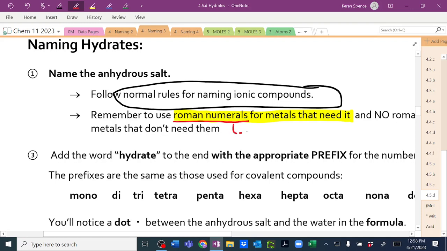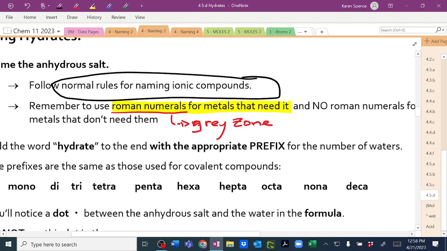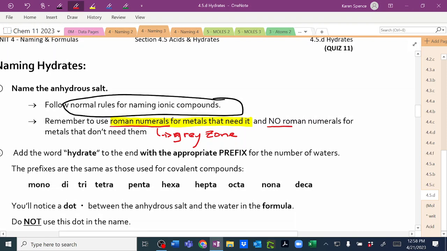They would be in the gray zone. And we will not use Roman numerals for metals that don't need them. Who are the ones that don't need Roman numerals? Anything that is not in the gray zone.